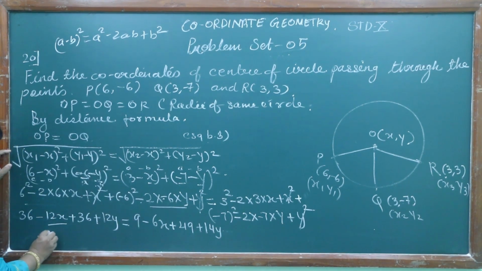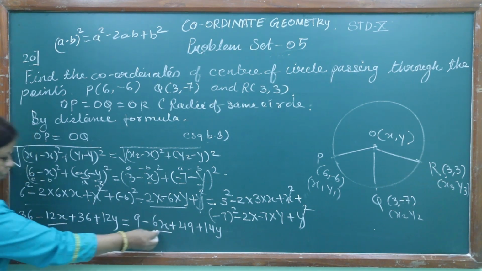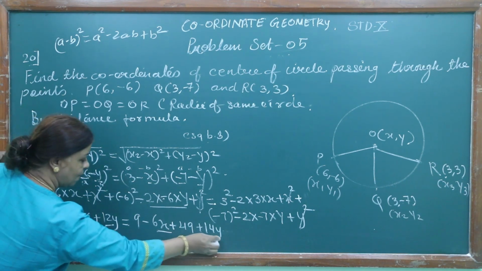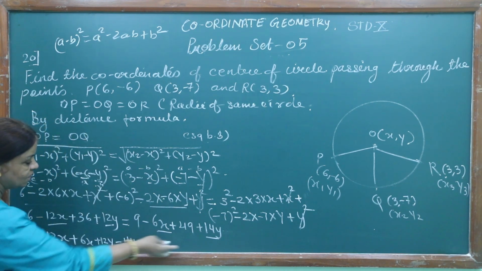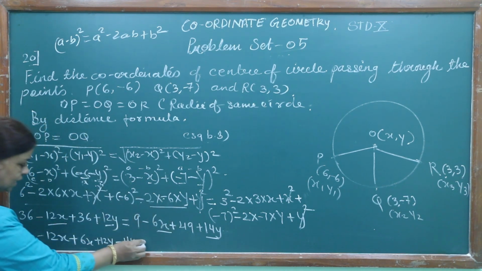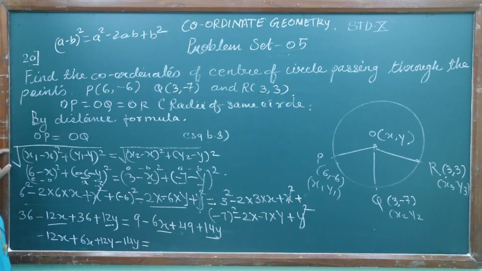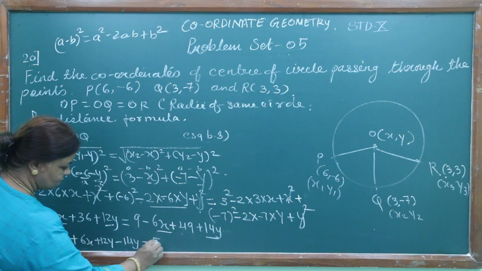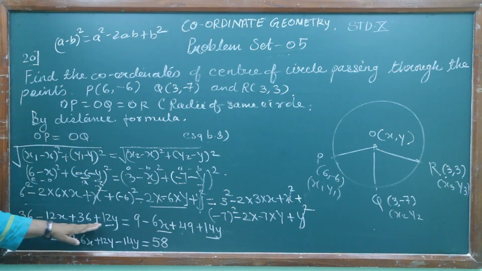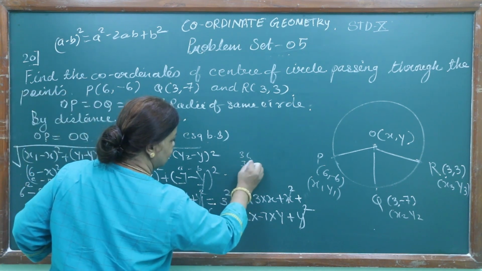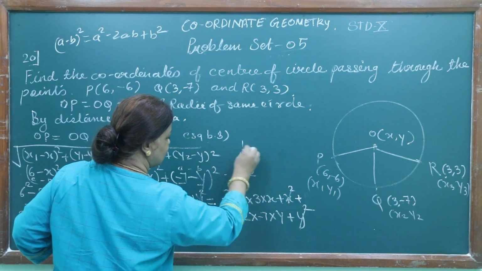So let me take minus 12x plus 6x, okay, 12y, plus 12y, and then minus 14y, because 14 is coming this side, so it will be minus, then equal to 9 and 49, both are plus, so will be added, that would be 58, yes, 58, and from this side 36, add 36, 6 6s are 12, 6 72.